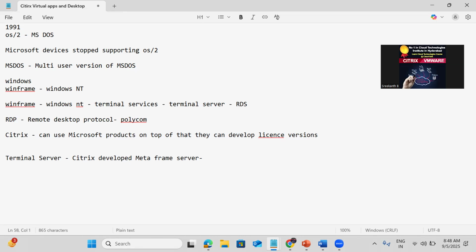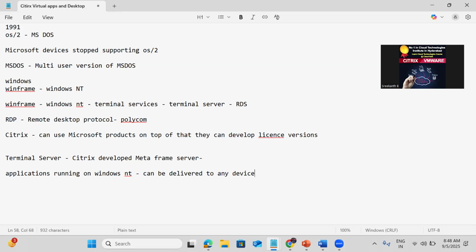Okay, Microsoft is also very curious what Citrix is going to do. This time, instead of making a multi-user version of the operating system, applications running on Windows NT can be delivered to any device.